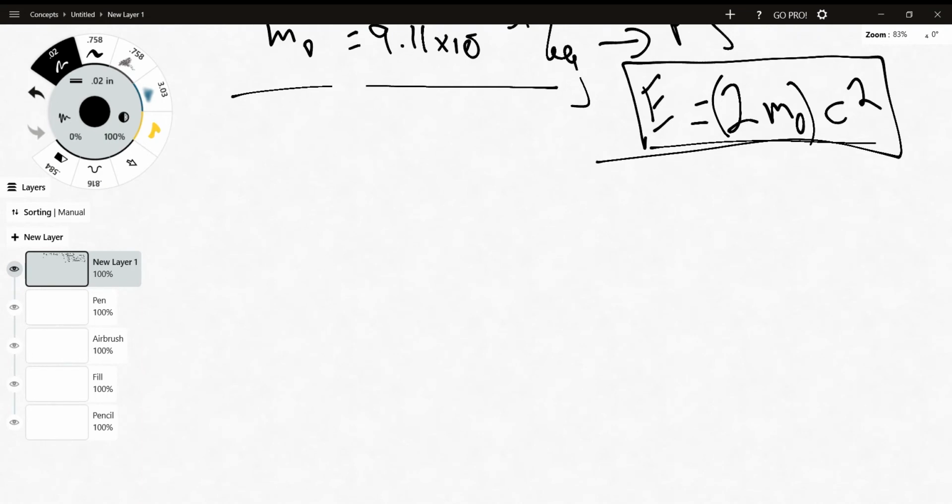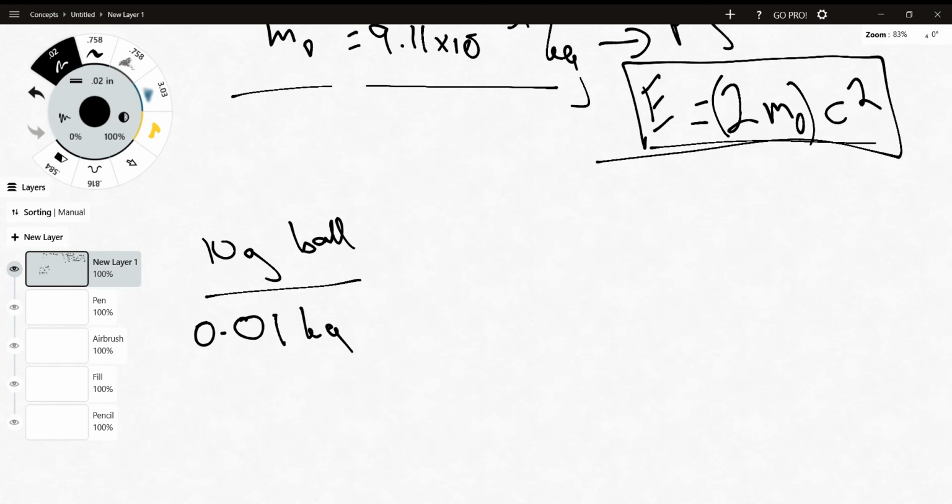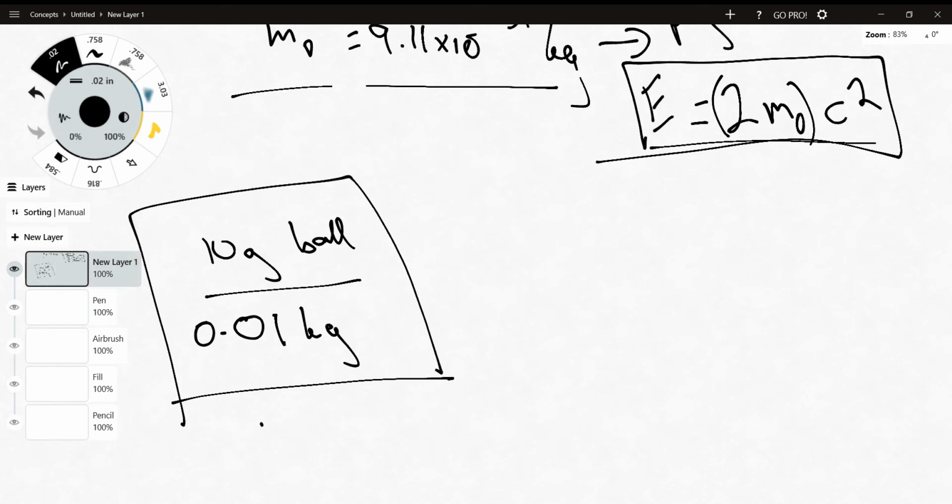This example follows a marble, or a ball, of mass 10 grams, which is 0.01 kilograms. This is just to demonstrate the massive quantities of energy you get. E equals 0.01 times c squared.